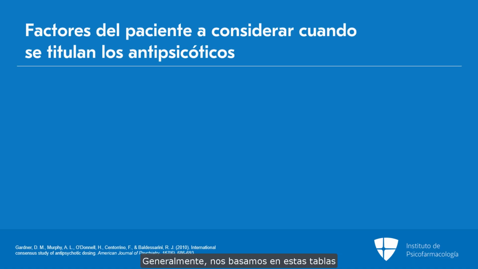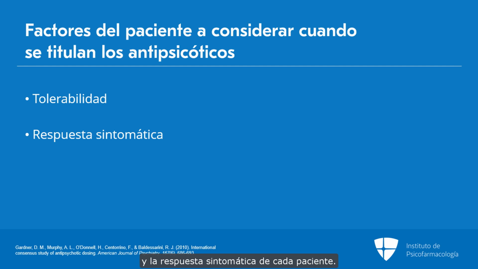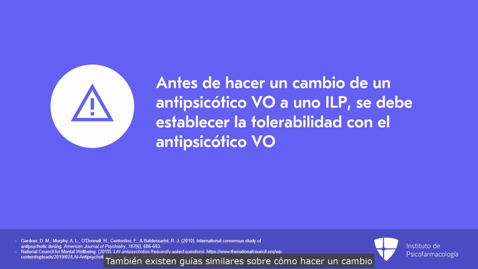So we often rely on these tables when we're making a switch between different oral agents. But again, these are just a guide, and we're going to titrate based on the tolerability and symptomatic response of the individual patients. Similar guidance exists when we are switching patients from an oral agent to a long-acting injectable antipsychotic.